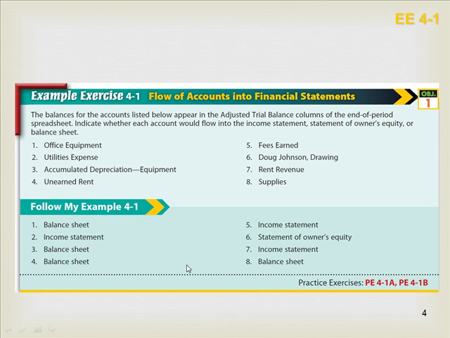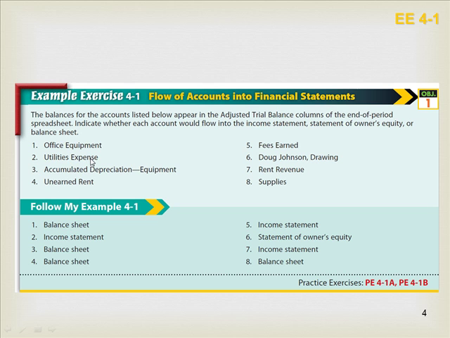So let's take a look at a little example exercise of the flow of information. It says the balances for the accounts listed below appear in the adjusted trial balance columns of the end of period worksheet. Indicate whether each account would flow into the income statement, statement of owner's equity, or balance sheet. Office equipment is a balance sheet account because it is an asset.